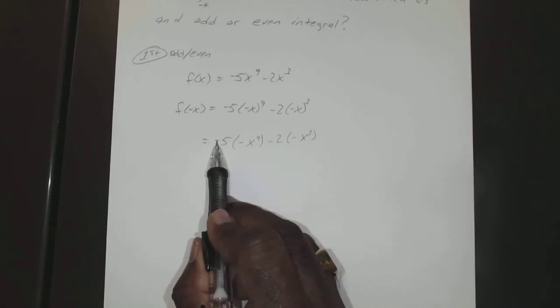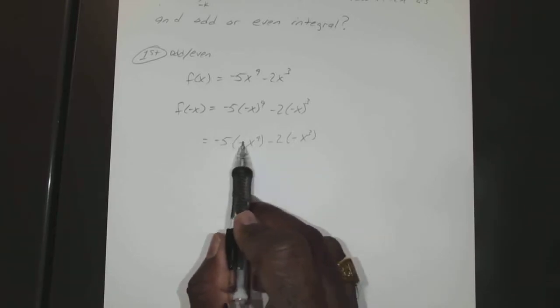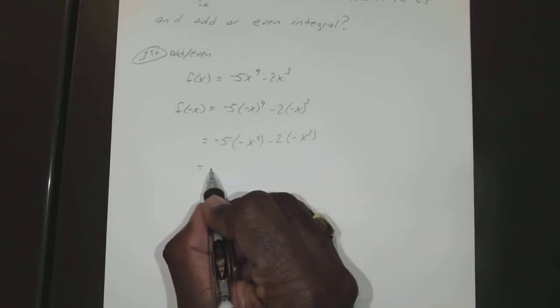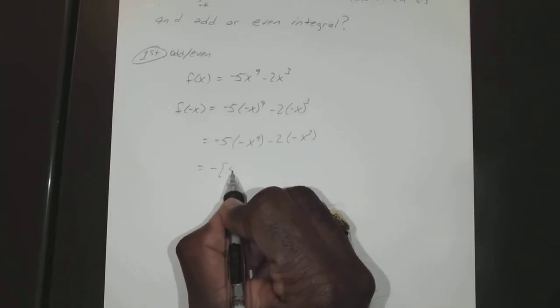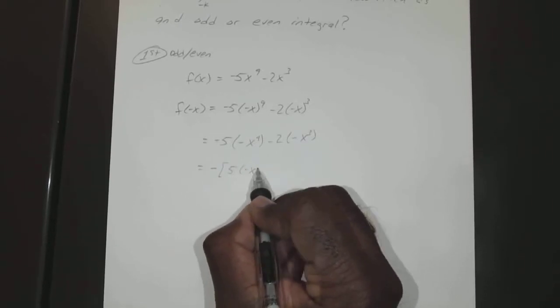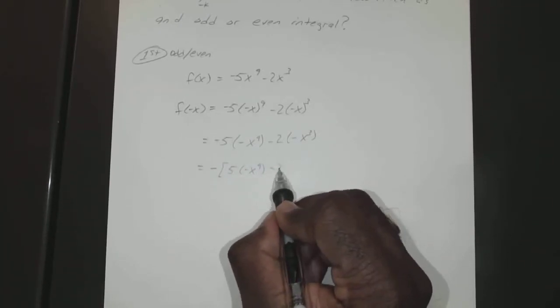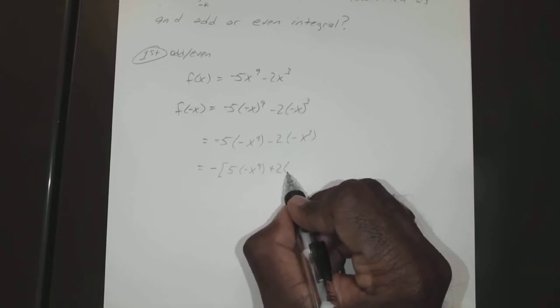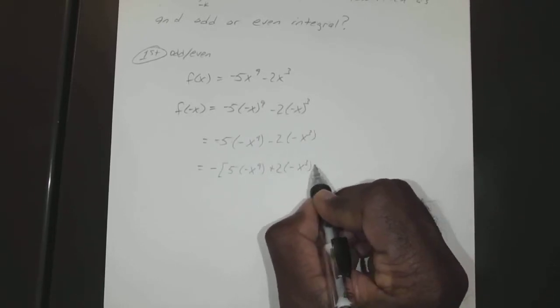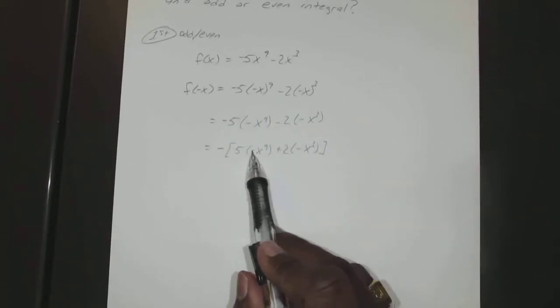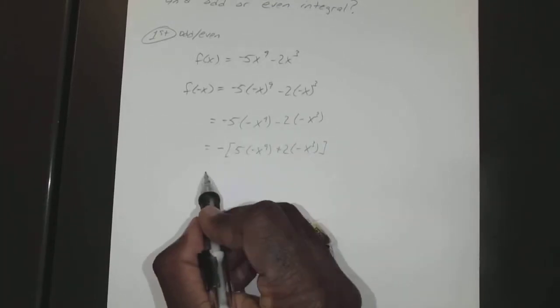Okay. So if we factored out a negative from both of these, you'll have negative 5 times negative x to the ninth plus 2 times negative x to the third. And those negatives can just come right out to the front because it's just like negative 1 times all of those.